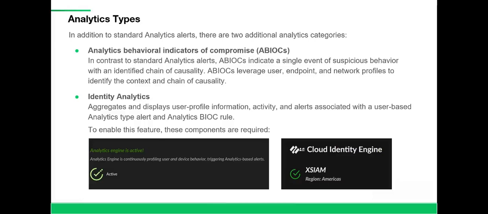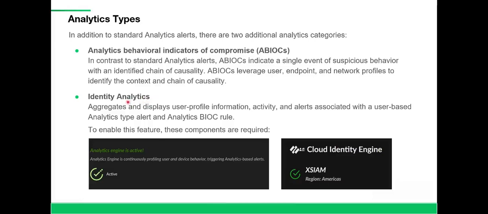And how to enable analytics. The process is pretty simple, right? As long as we are collecting the right data and have enough data, then we can enable analytics. As you enable analytics, it also gives you the option to enable identity analytics.